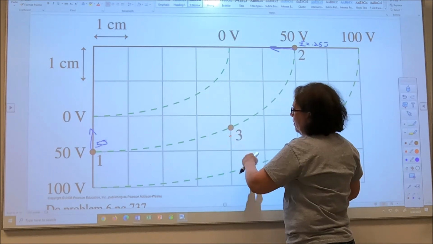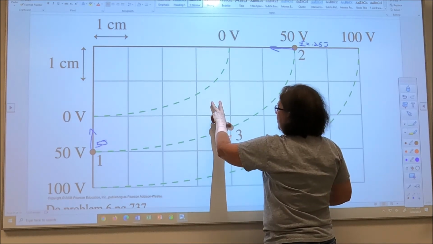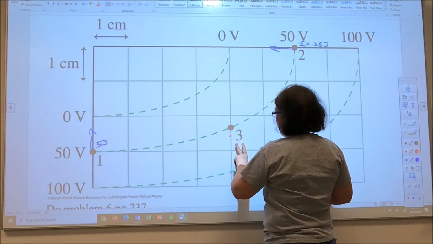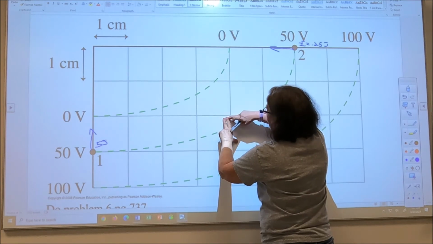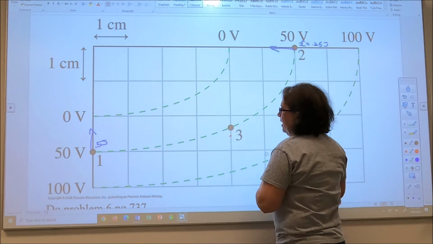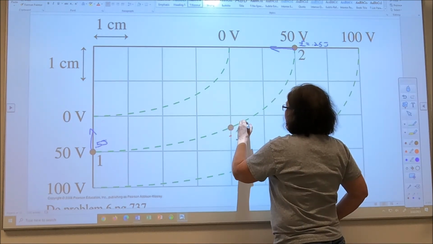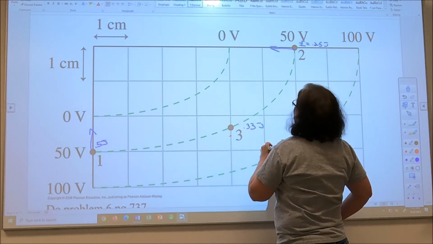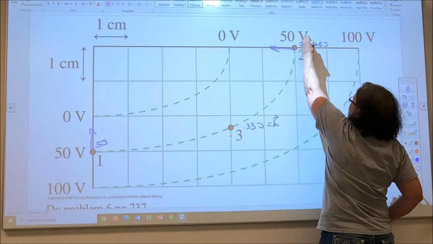Now if we look here at point 3, that's 1, 2, 3, approximately. So I would get a 0.33 as our electric field.